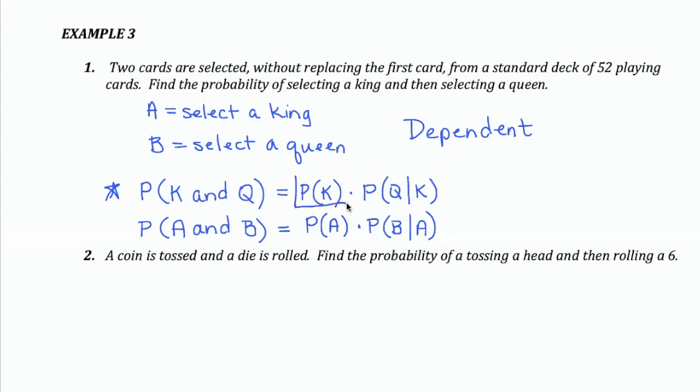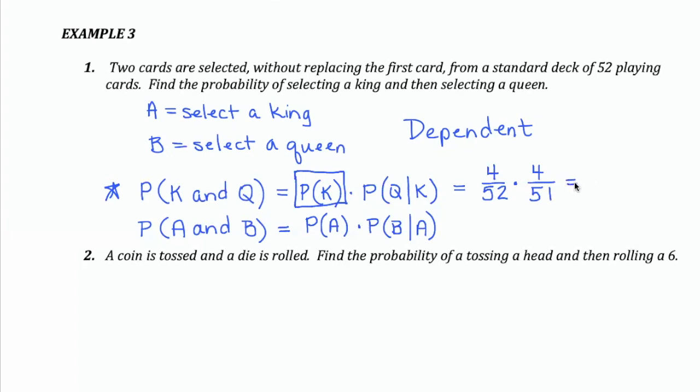The first probability is just straight up, what's the probability of getting a king out of a deck of cards? Well, there are 4 kings in the deck of 52 cards. Multiplication rule says I'm going to multiply that by, next, the probability I get a queen, given that a king was chosen the first time and not replaced. Well, there's still 4 queens in the deck, but now there's only 51 cards.